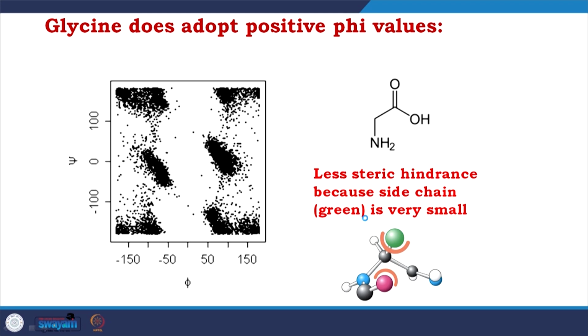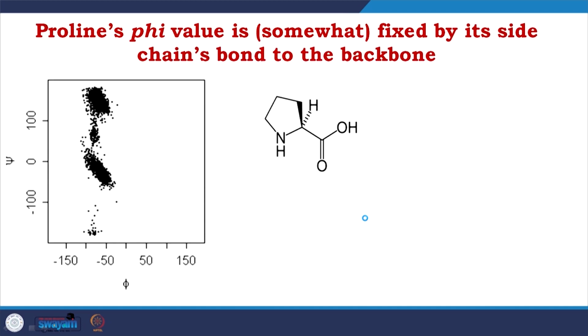It would be very interesting when we put proline, because if glycine is the smallest, proline is definitely not the biggest, but because of its locked chain, it shows some restriction. So proline's phi value is somewhat fixed by its side chain's bond to the backbone.